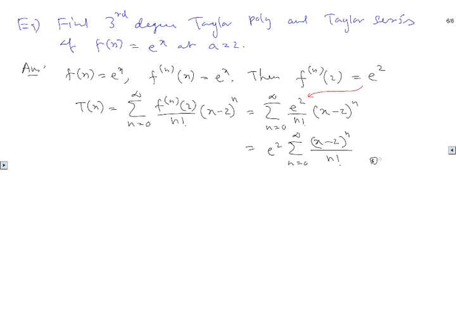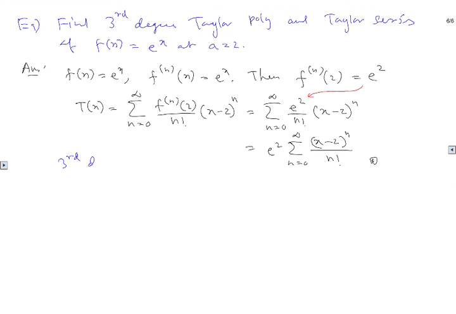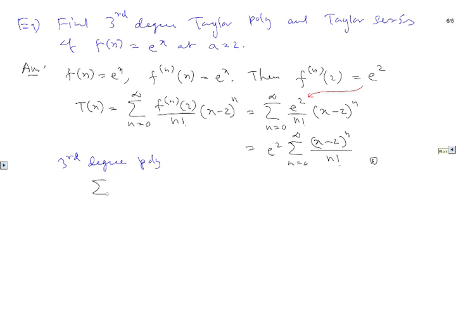But if you need the third degree polynomial, we stop at 3. So let's write only up to degree 3, the sum from n equals 0 to 3 of f^(n)(2) over n factorial times (x minus 2) to the n.